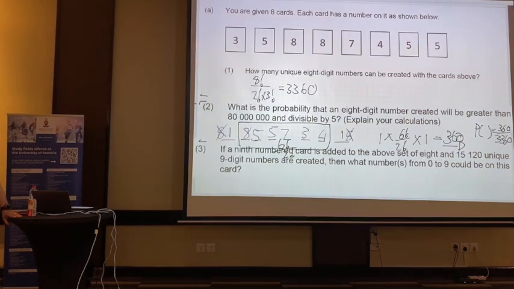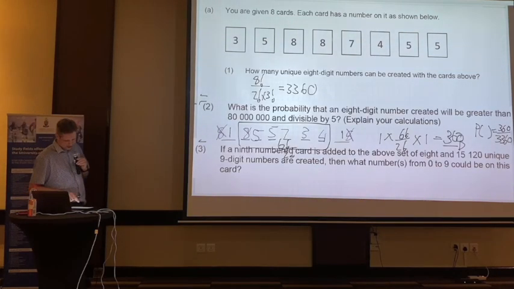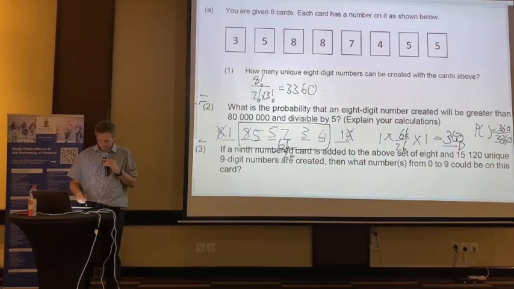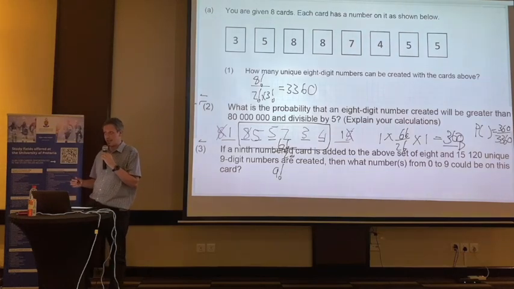What number from 0 to 9 could be on this card? Okay? My question that I would ask you, how does this relate to what we've done so far? Well, I know that I've got 9 factorial at the top. That is a given.